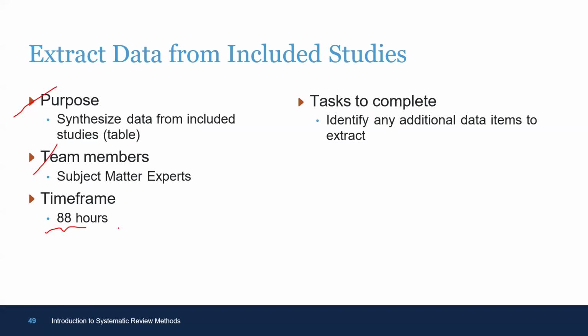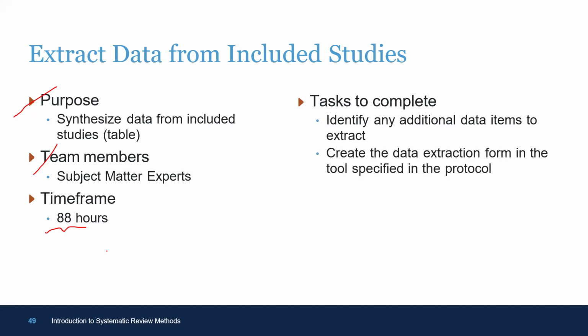But one thing we need to do here is to start to complete this task. We need to identify any additional data items to extract. At this point is when we write down what we want to extract from these studies. What is key that we need to pull out from these studies? And then based on that, we create the data extraction form in the tool specified within the protocol.